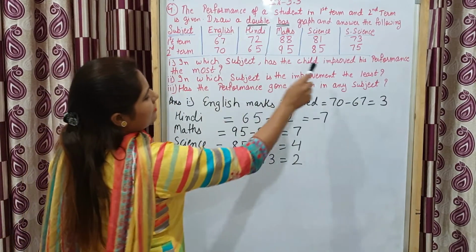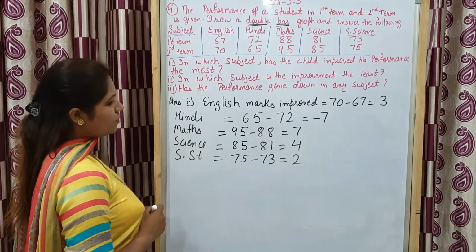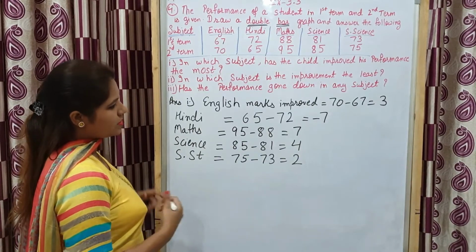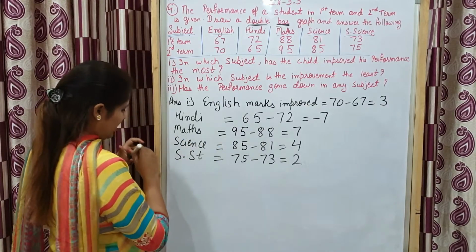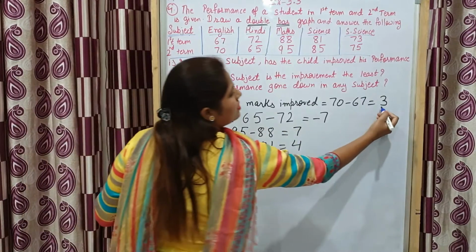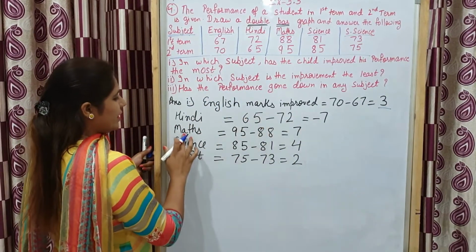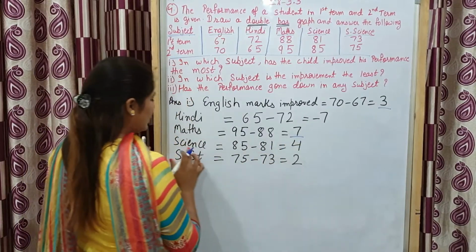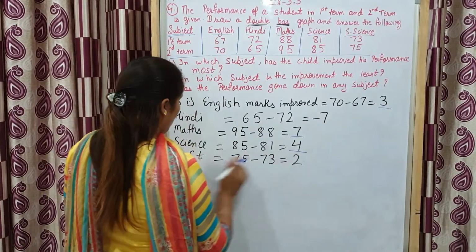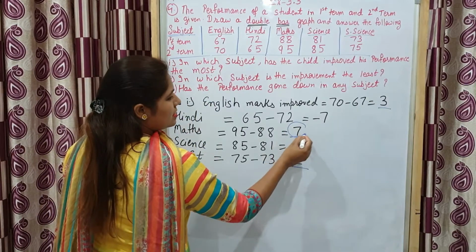We have to tell in which subject the child has improved the performance most. See, where is the most performance? See here, math. In English 3 marks increased, Hindi not, we will not take, math 7 marks increased, science 4, social science 2. So maximum is math.